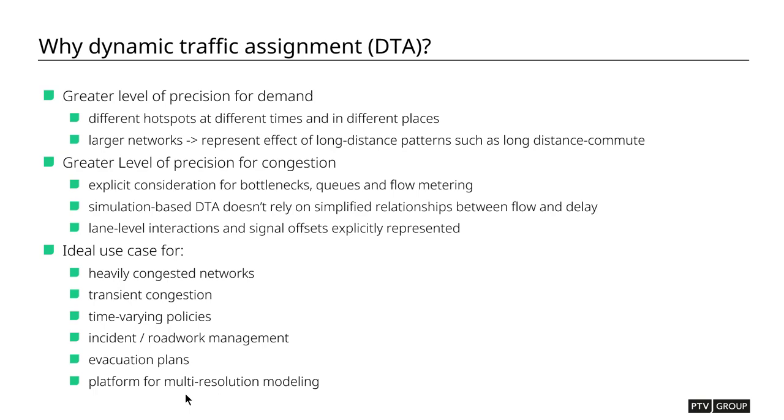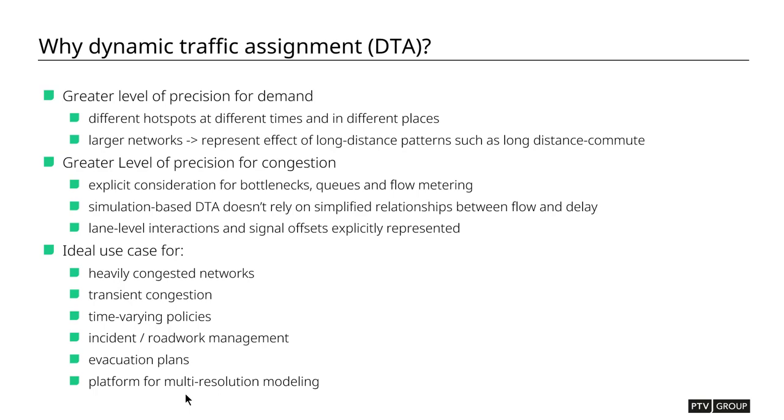So why do we use dynamic traffic assignment? Static methods have simplification. And as I said, this is maybe acceptable in some cases. Here the dimension of time is neglected, so we assume all trips start and finish within the assignment period. So therefore, a static model is not able to show the hotspots of congestion at different times and in different places.